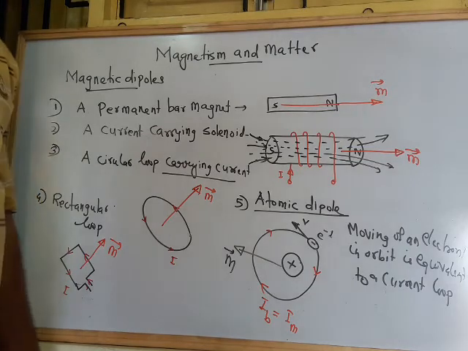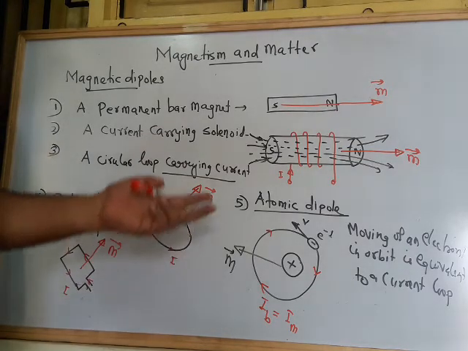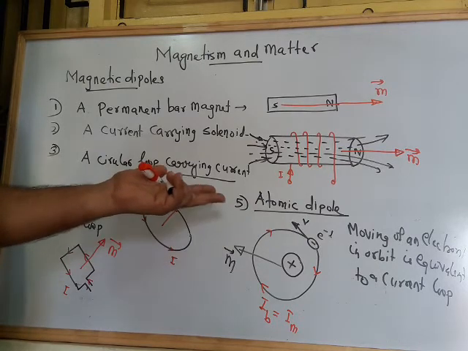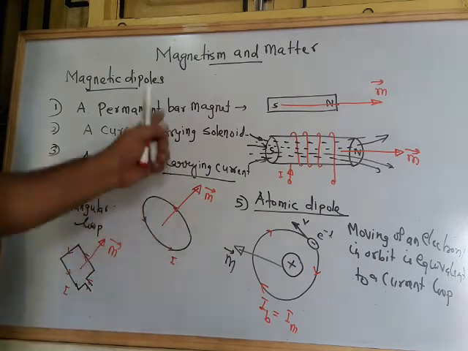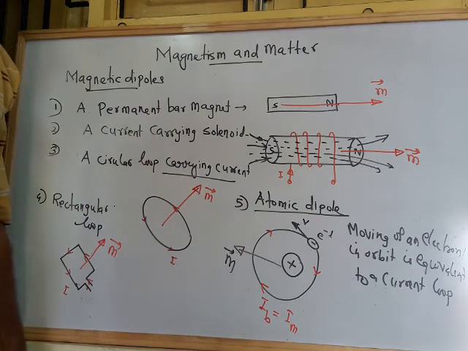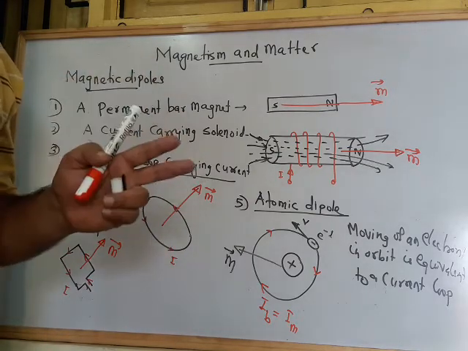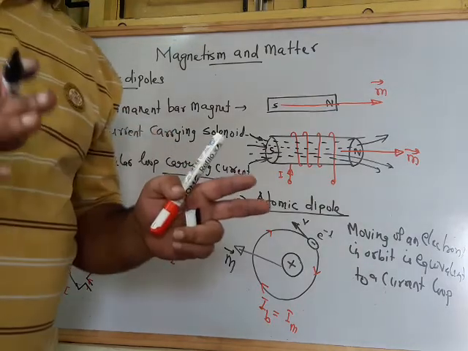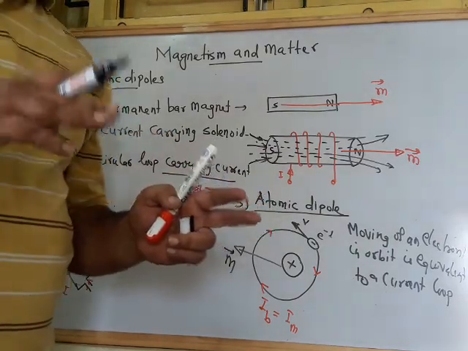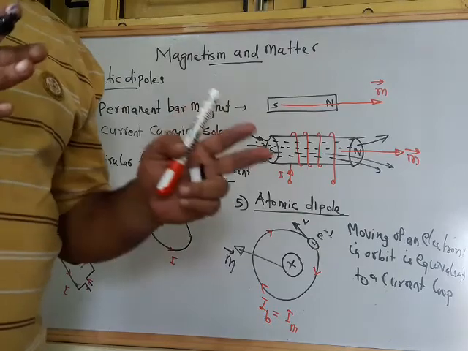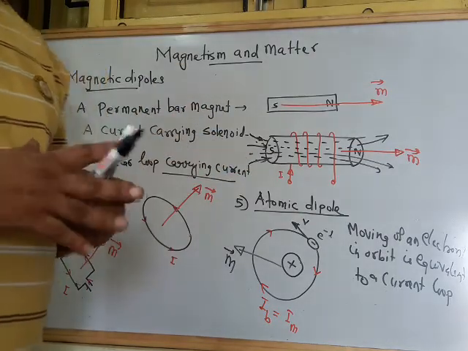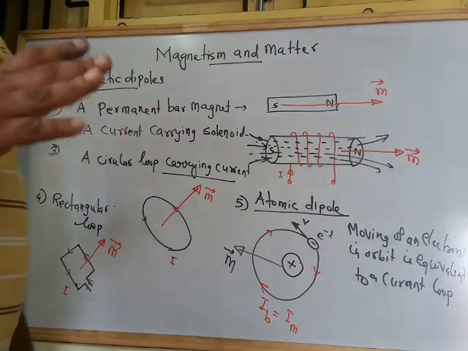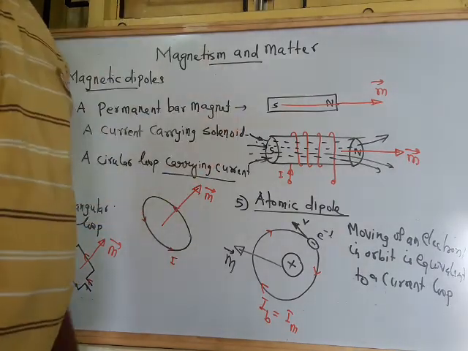Now in the next part I will tell you some terms regarding the atomic dipole. If you place the dipole in a uniform magnetic field B, then the magnetic moment of the dipole will try to get aligned with that particular field direction, means there exists a torque on the dipole, and that torque will try to align the dipole in the direction of the field.